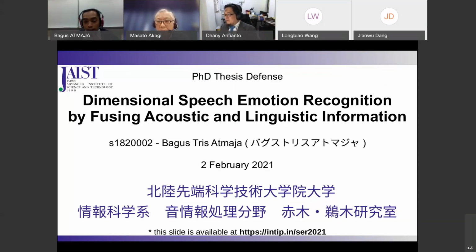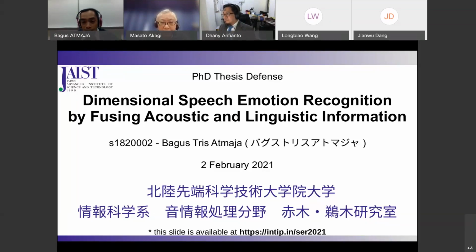Yes, based on the last paper, the title is "4 not 3." So the word of emotion is not 2 but 4. They proposed the fourth dimension as expectation, and I think it's already in my dissertation book in chapter 2, in the emotion model.